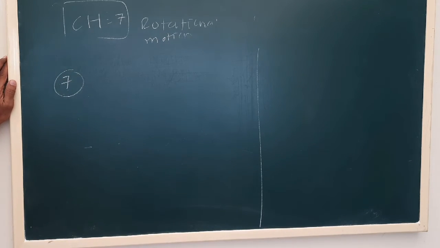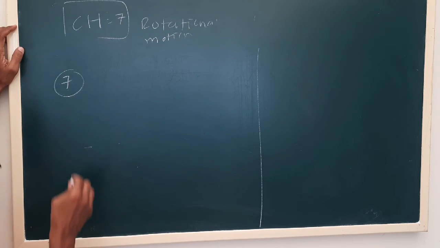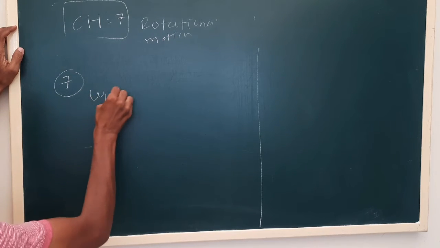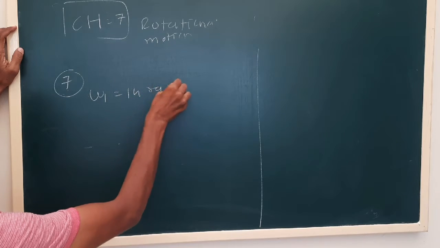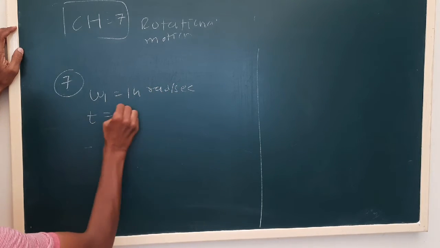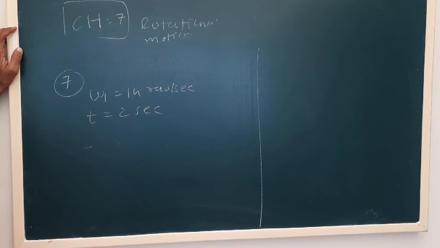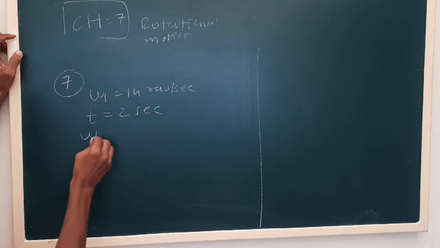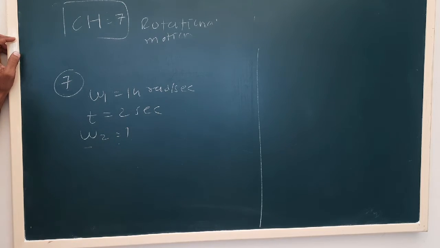Now see, a rigid body rotates about its axis. See, time interval of 2 seconds. Omega is 14 radian per second. In a time interval of 2 seconds, angular speed changes by some value. Okay, it is given like this.